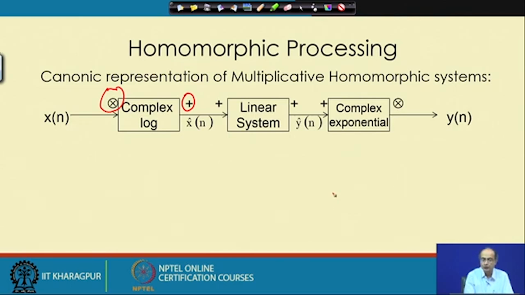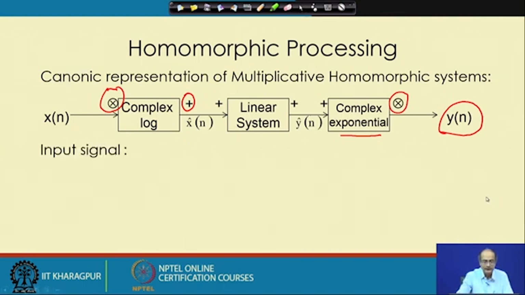Again we have to go back to the original domain, so we apply a complex exponential and get the answer y n, where the operator cross comes into play again. Okay, that is the way it works, and let us now go step by step through it.